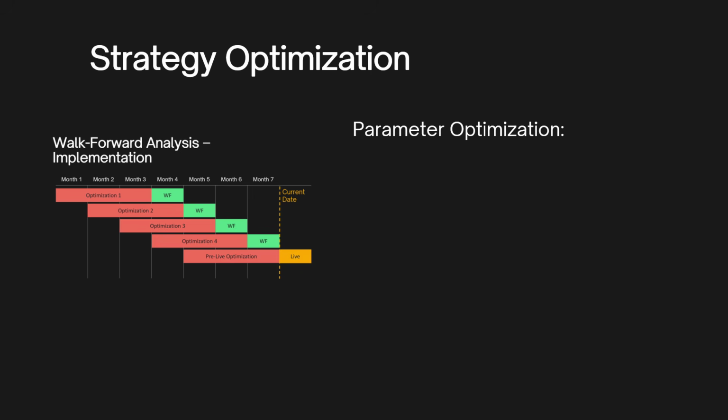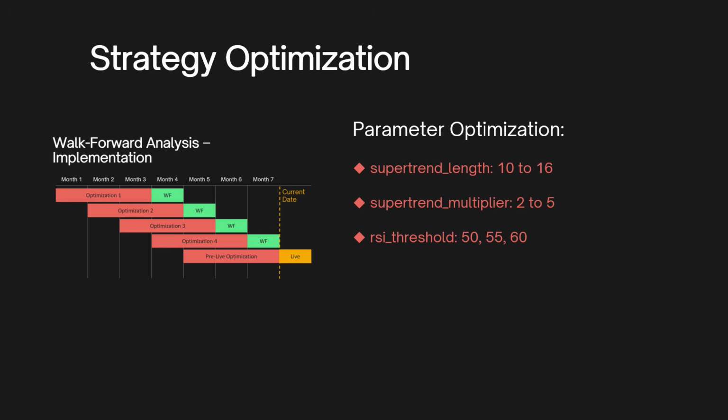We're going to optimize several key parameters: Supertrend length and Supertrend multiplier, RSI threshold, testing values like 50, 55, and 60, maximum candle size. This helps avoid entering trades when a candle is too large and could lead to poor entries. Swing point lookback. This defines how many candles we look back to identify the most recent swing lows for long trades or swing highs for short trades, which we then use to place our stop-loss levels just beyond those points.